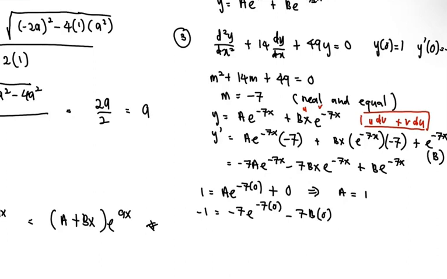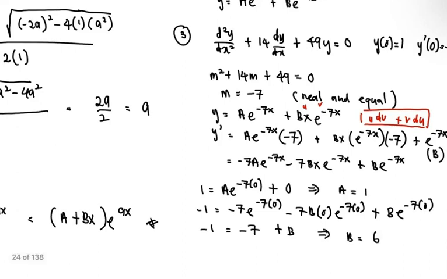So this one is also 0, plus b e to the minus 7 times 0. So we have minus 1 equal to minus 7, here will be 0, so plus b. So hence b equal to minus 1 plus 7. So b equal to 6.